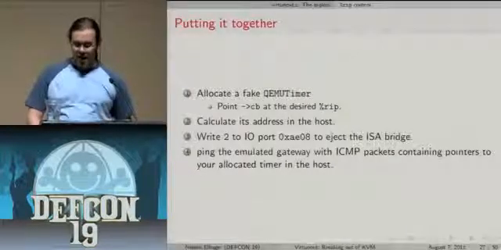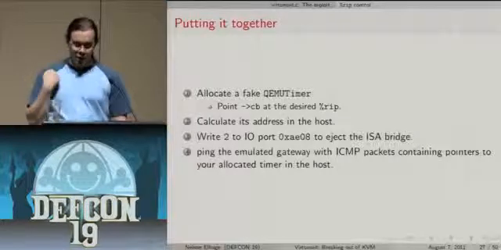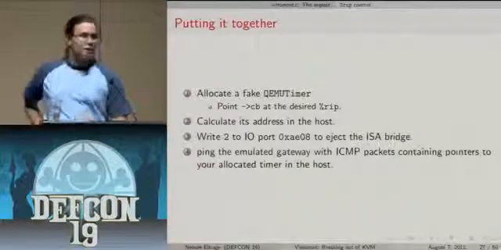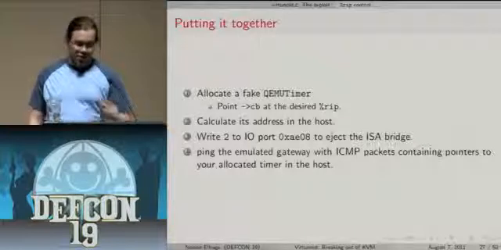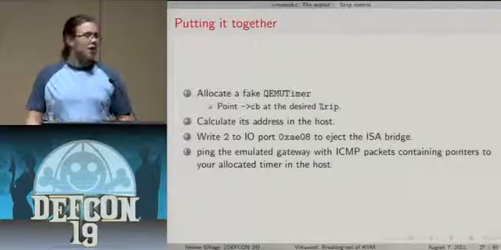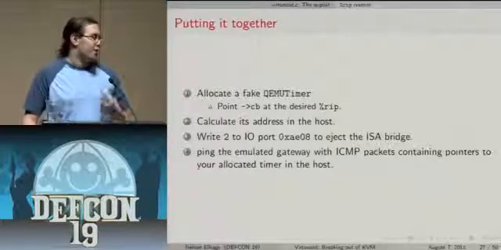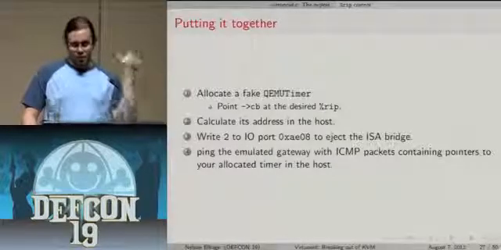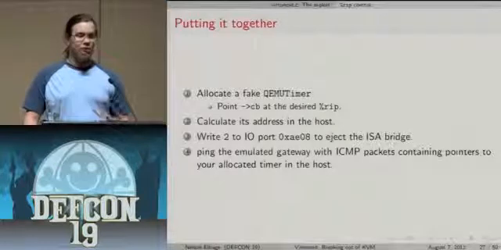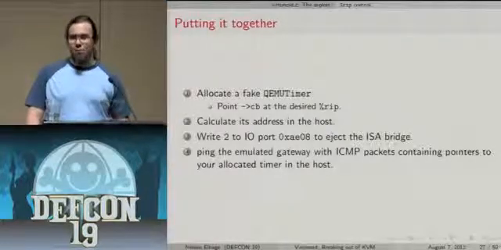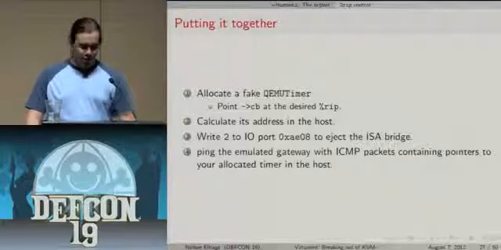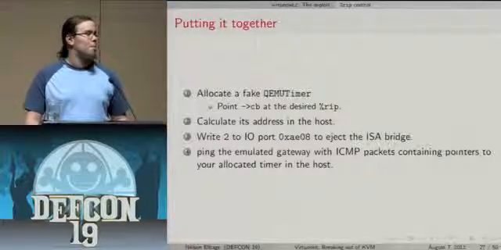We'll do that eject dance, and then we'll ping the emulated gateway as fast as we can with ICMP packets that have pointers to our fake timer in the host. And with extremely high probability, basically one of those will end up allocated into the space previously occupied by the RTC state and will win. We have the ability to get QEMU to jump to an address we control. All right.